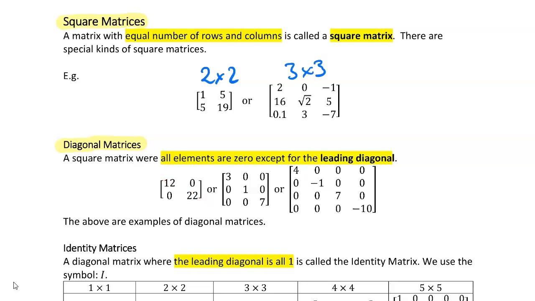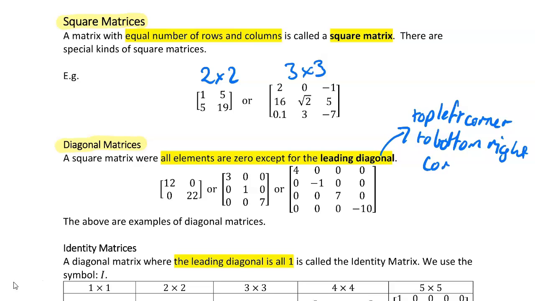So make sure you understand that leading diagonal, from top left corner to bottom right corner. It is not the other way. That other way is not an important diagonal. That is the important diagonal.